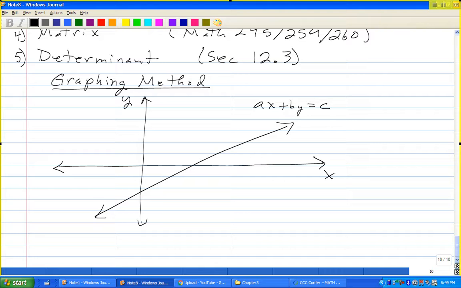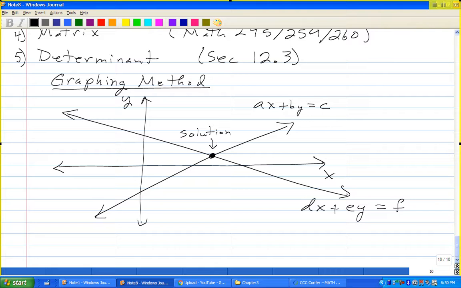Similarly, if I have another equation, say dx plus ey equals f, then I have another line in the plane. It turns out that the solution will just be this point of intersection.